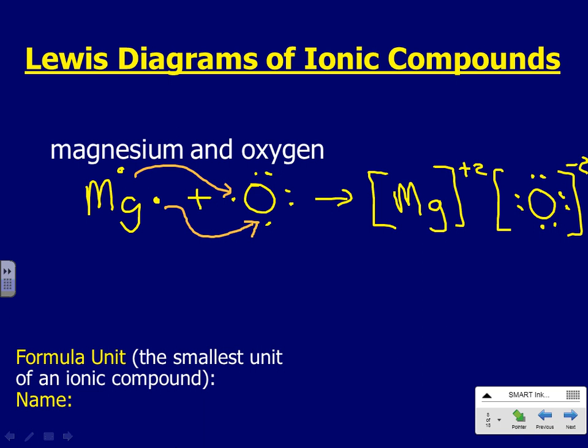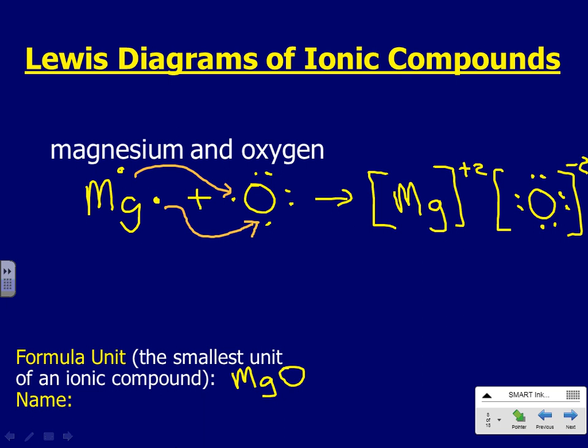So in this case, the formula unit for this compound consists of 1 magnesium, Mg1, which we don't put, and 1 oxygen, 1. So the formula unit for this is MgO.